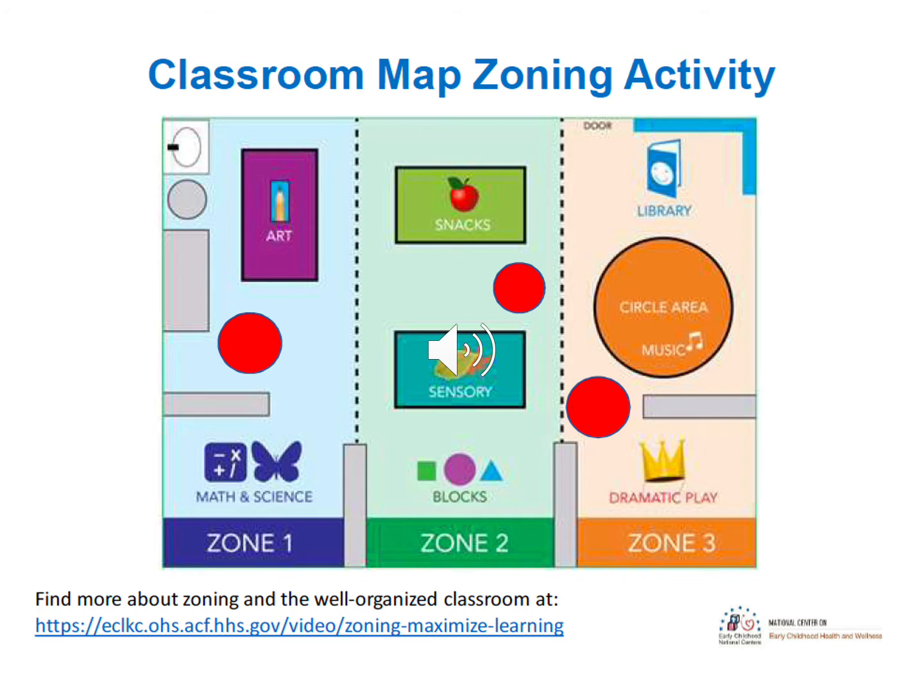And zone 3, closer to dramatic play in that kind of area. But if you look at all 3 dots, if you were there, you would have a clear sight of all the areas that you needed. And you would have a person in each zone that could give additional support to the children.